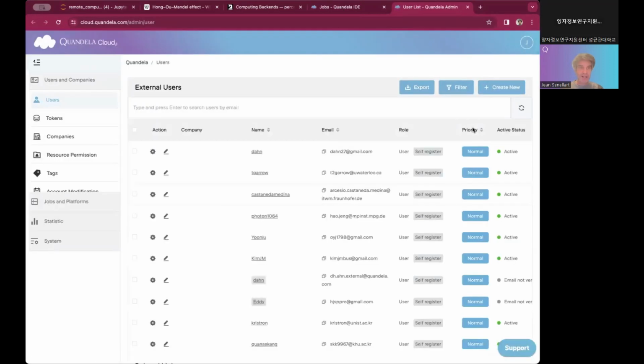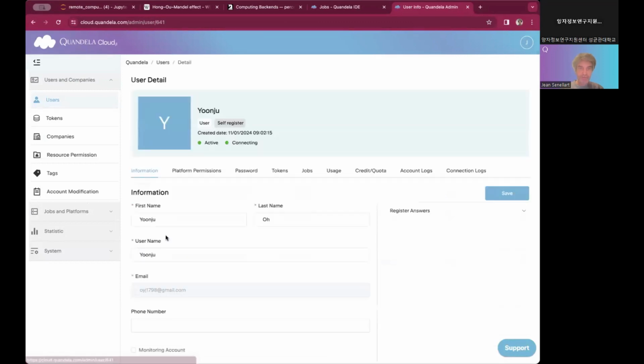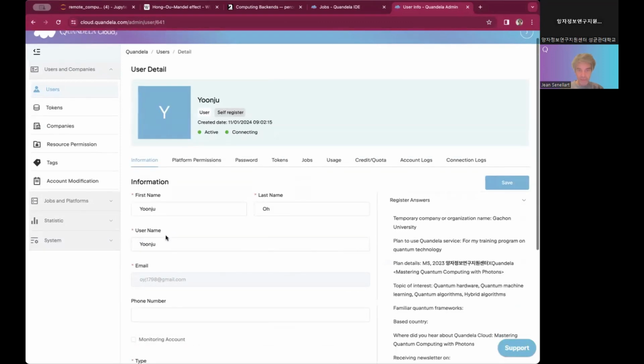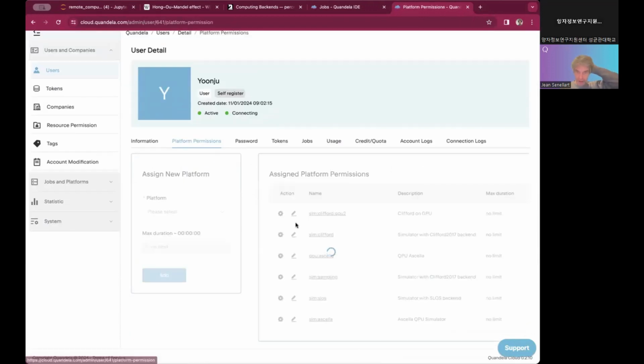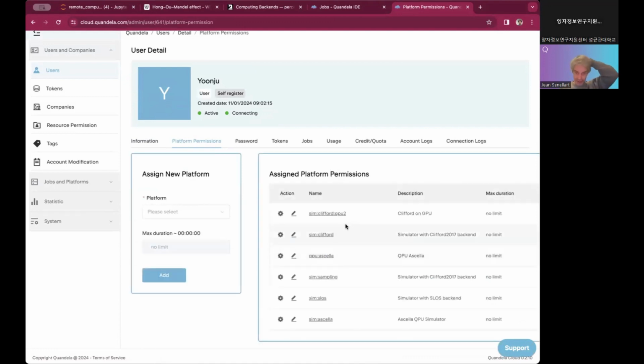So I'm switching in admin mode. Yunju, it's you. So platform permission. Oh, the one that you should take, indeed, it's simply for GPU2. The one I was using is another one.